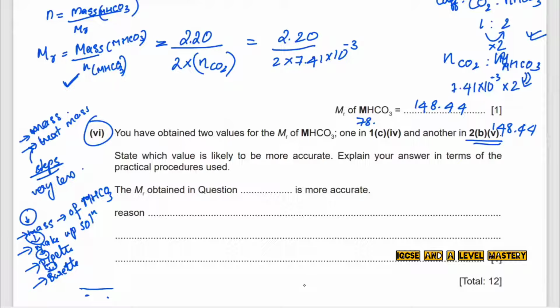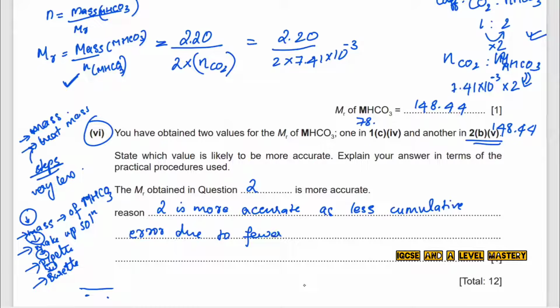So we can say that we can go ahead with the Mr obtained in this question, because it is more accurate, with less cumulative error due to fewer steps or processes. Okay, so this can be one of the reasons.